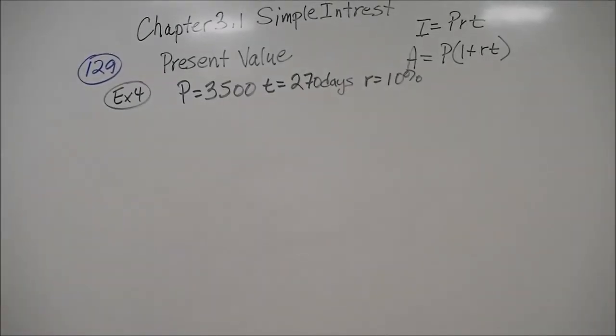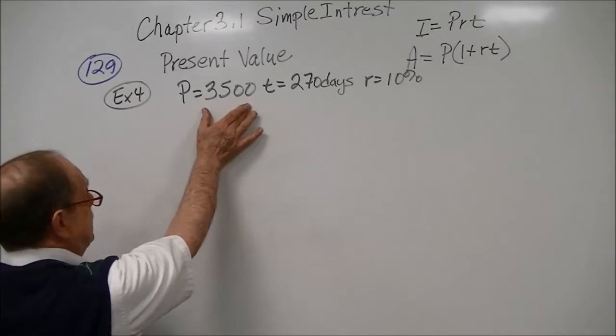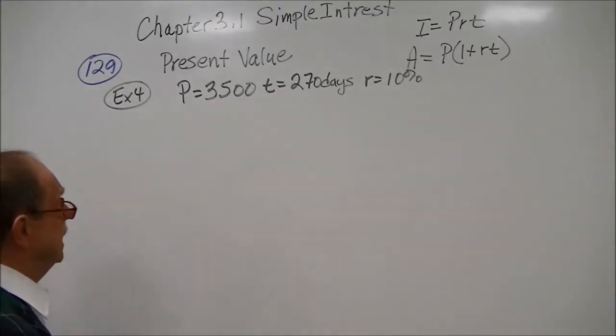All right, example 4 is a problem in 2 parts. We'll do the first part first, then we'll do the second part. Now, I'm going to buy a car, and the car costs $3,500. It's a used car.